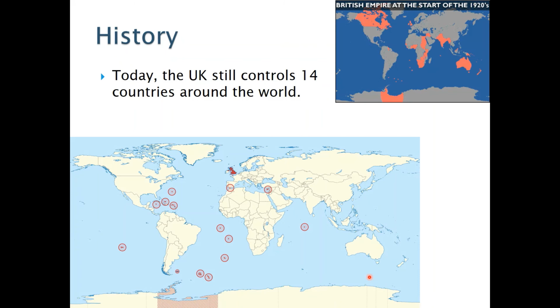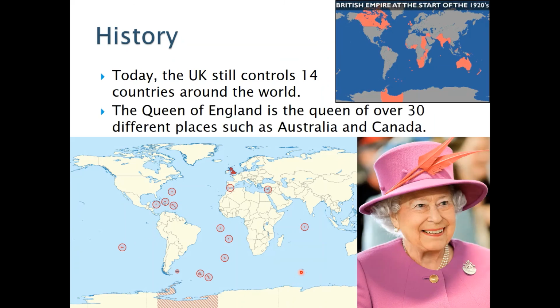Today, the UK still controls 14 countries around the world. Most of these places are very small. The Queen of England is the Queen of over 30 different places such as Australia and Canada.